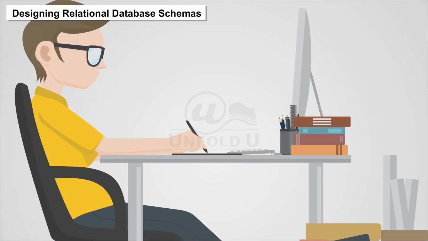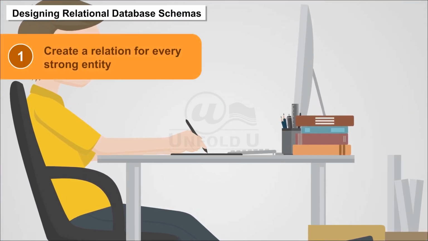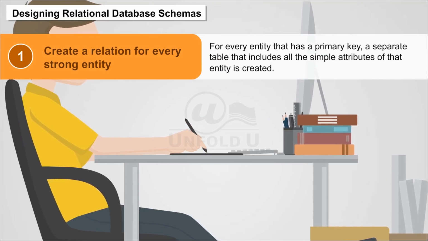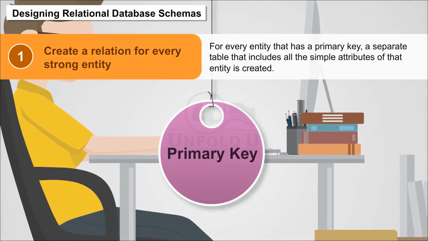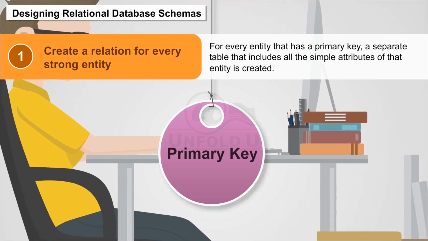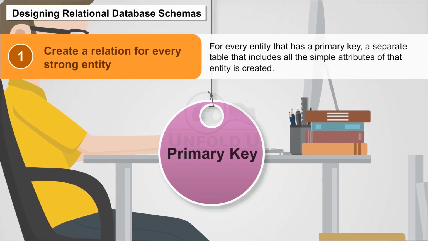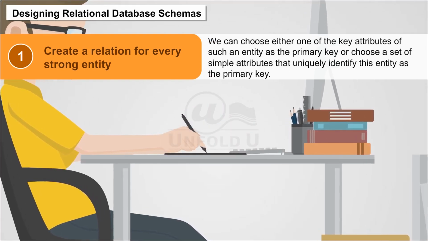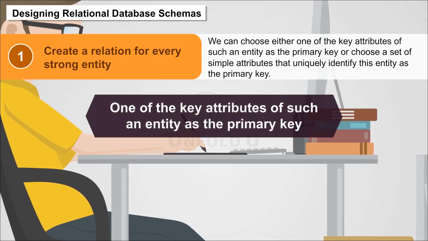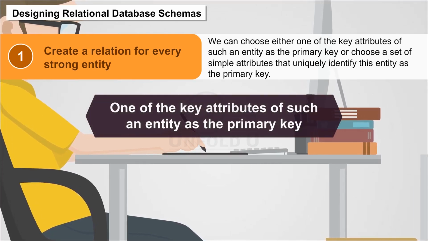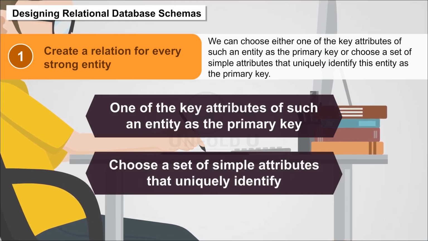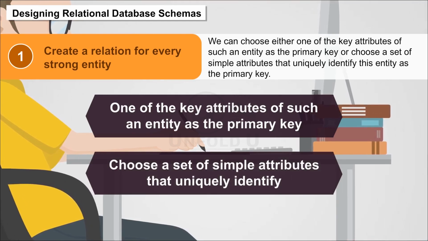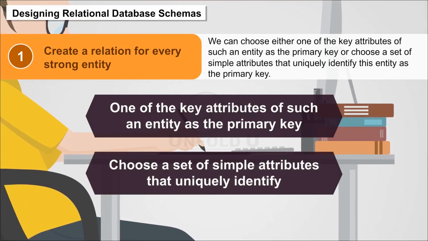1. Create a relation for every strong entity. For every entity that has a primary key, a separate table that includes all the simple attributes of that entity is created. We can choose either one of the key attributes of such an entity as the primary key, or choose a set of simple attributes that uniquely identify this entity as the primary key. 2.